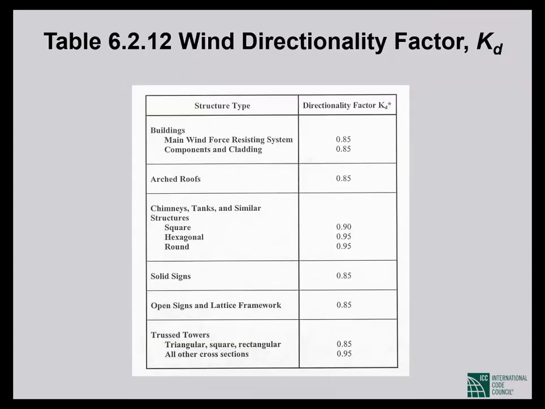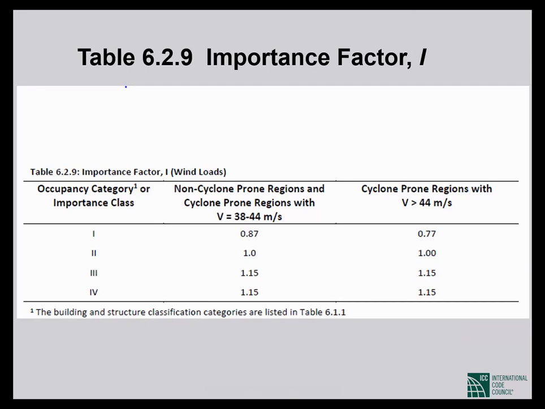K sub D comes from this table, that is 6-12 of BNBC 2020. And K sub D, very importantly, is 0.85 for all buildings, component and cladding, as well as main wind force resisting system. Importance factor comes from this table, 6.2.9. For cyclone prone regions, you have a set of values. The importance factor is 1.15 for important buildings.